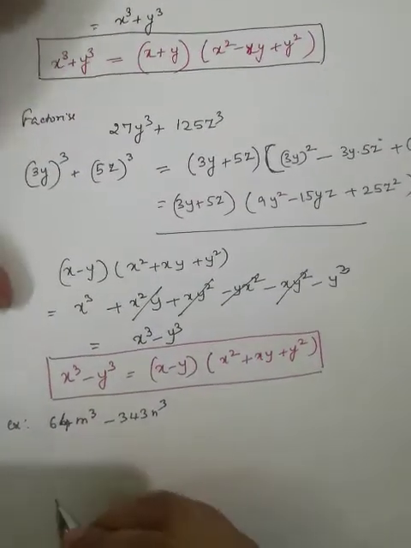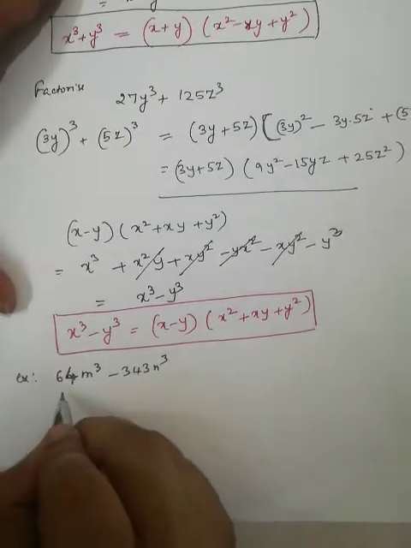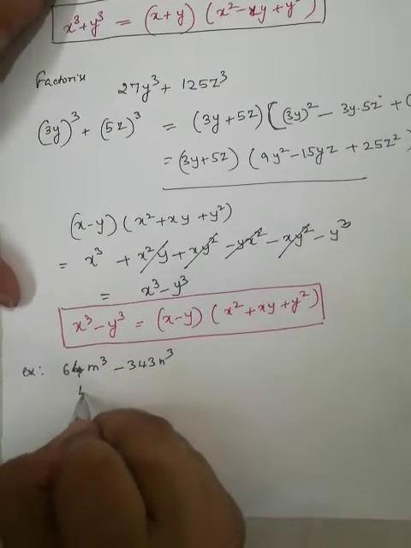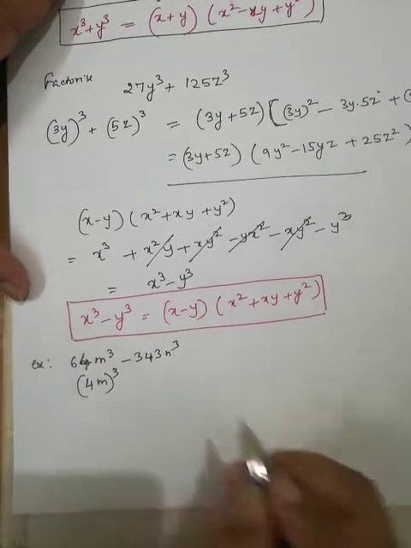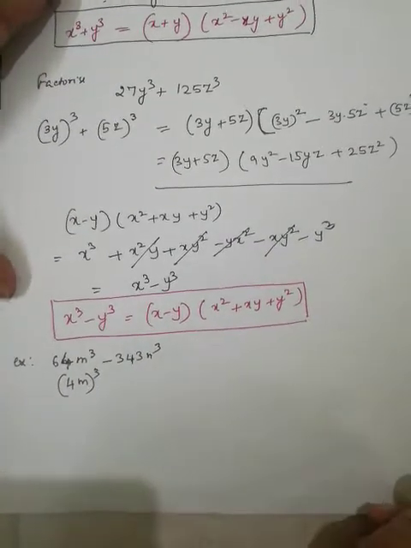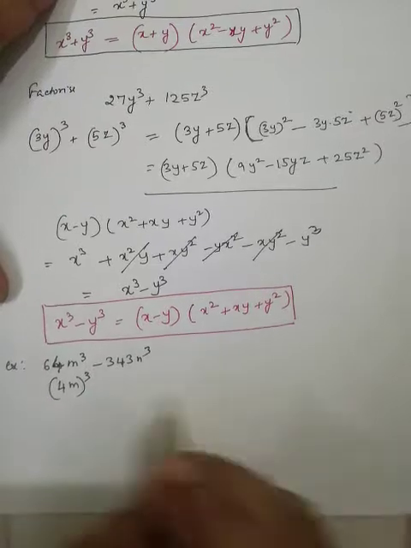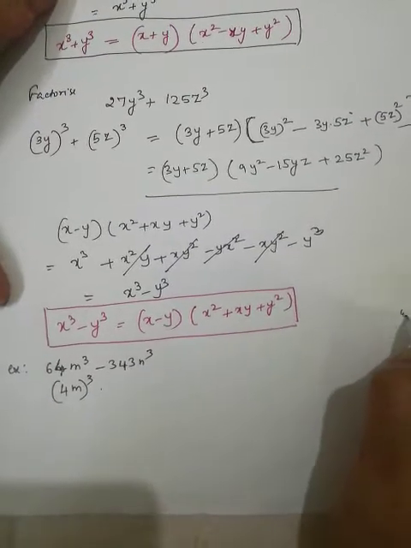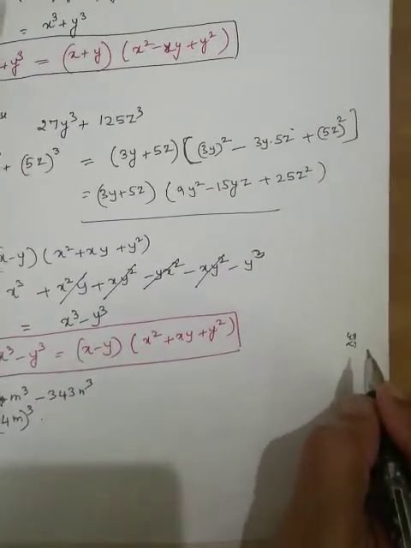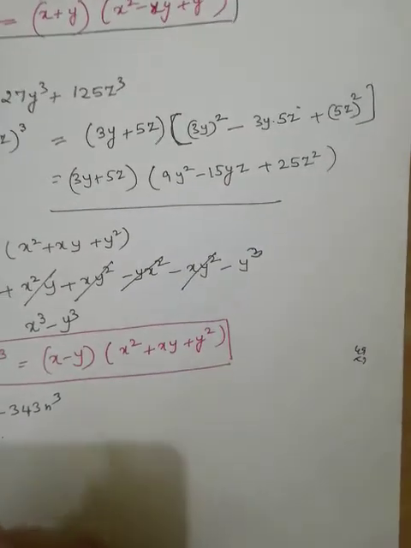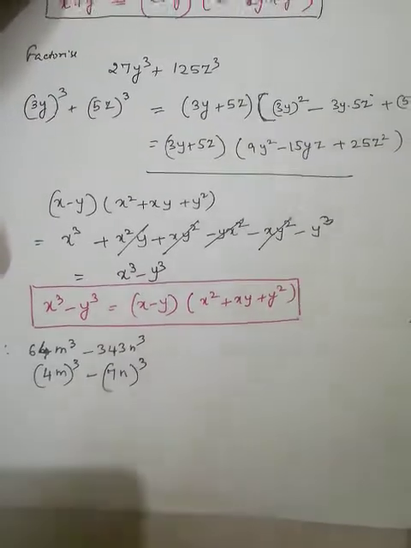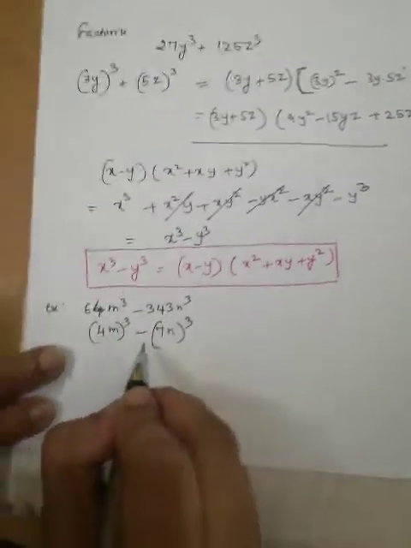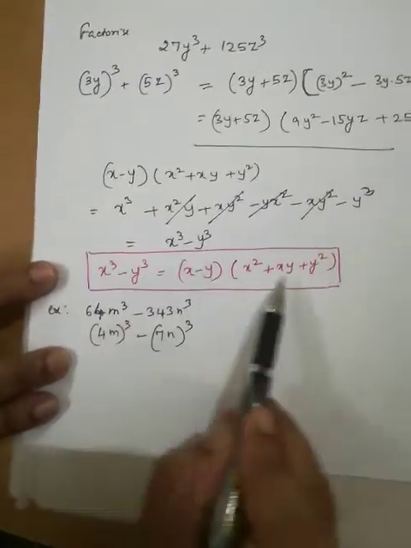Now 64 m cube, 64 is a cube of 4, so it will become 4m the whole cube, and 343, it is a cube of what? It is a cube of 7. Let us see. 49 into 7, 343. Yes, it is 7. So 7n the whole cube. So it is in the form of a cube minus b cube in this identity.